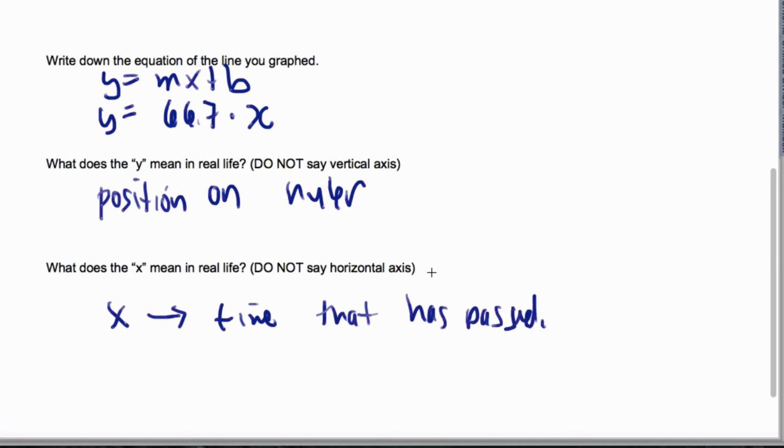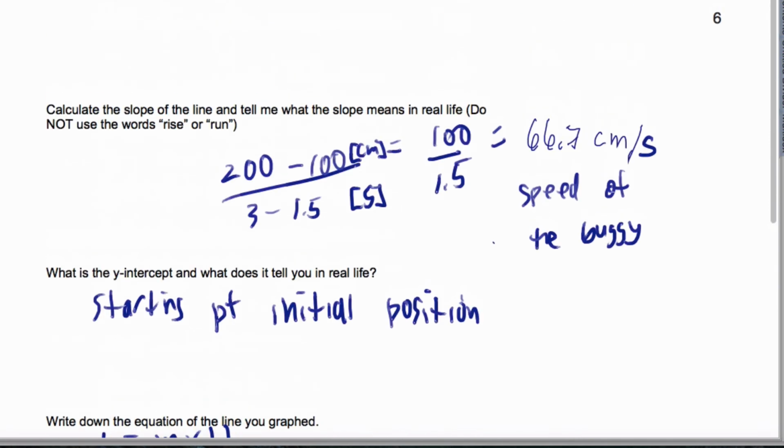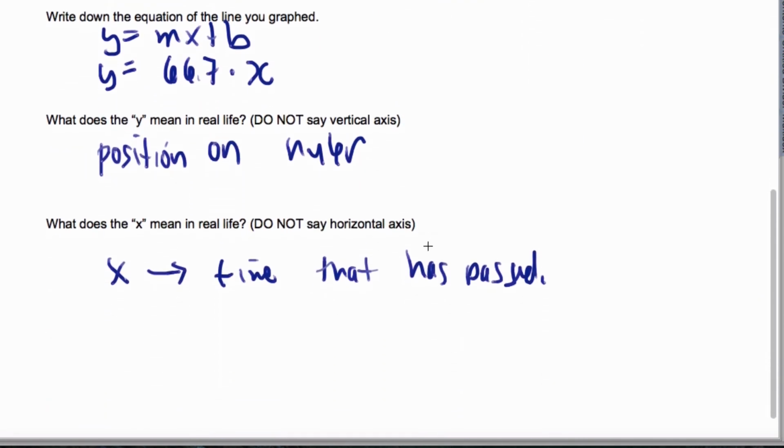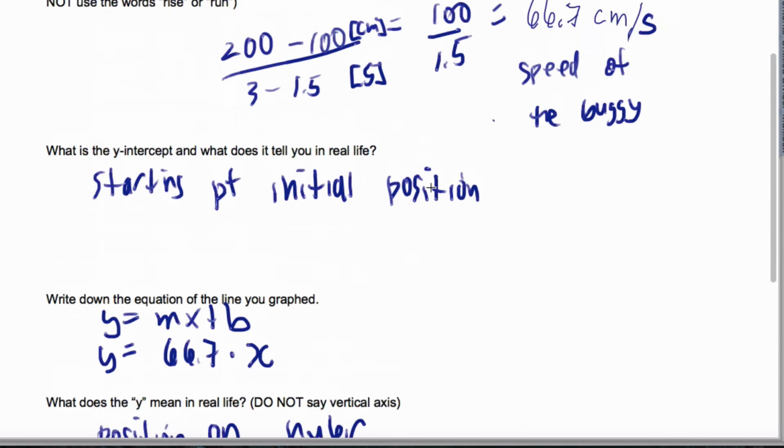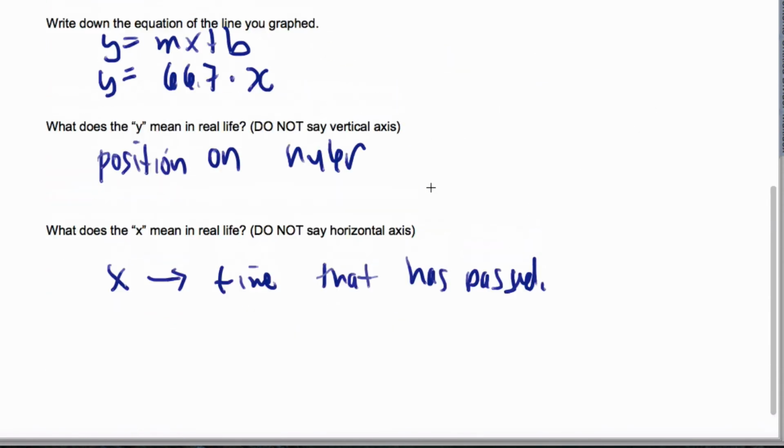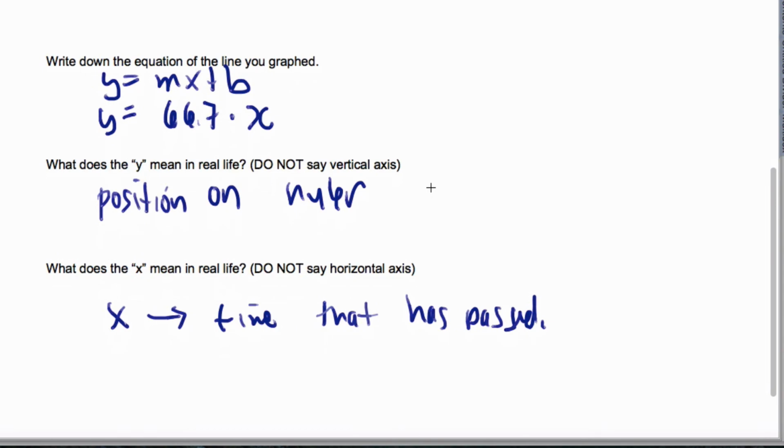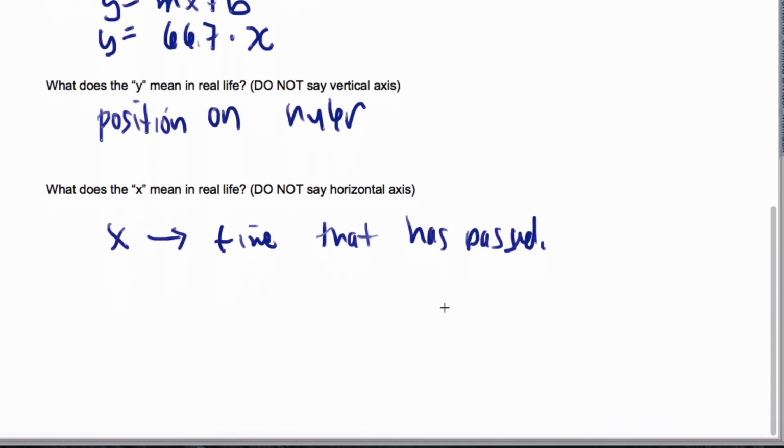So this is really an equation of the buggy as it moves along the ruler. So that's really it for your homework, and I hope this is useful. We're going to discuss this in class and use this as the basis of the physics that we do over the next few days.